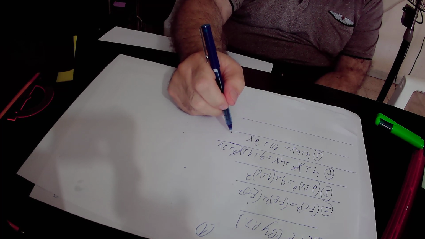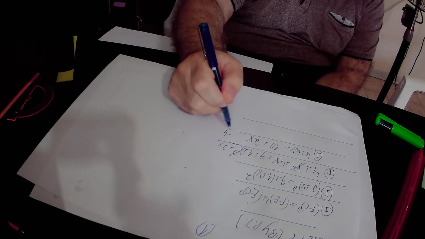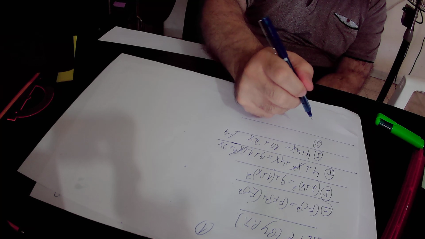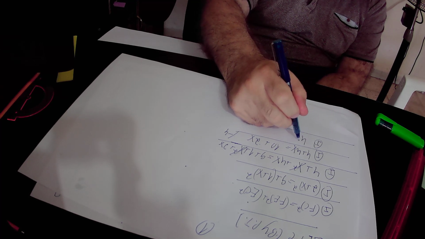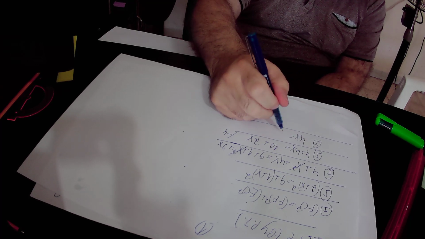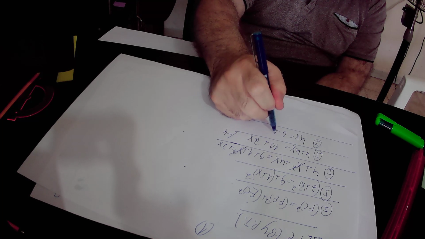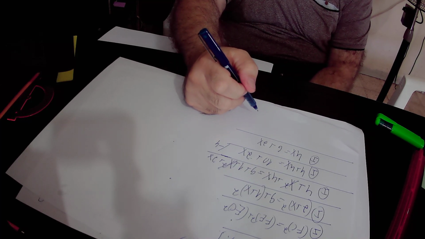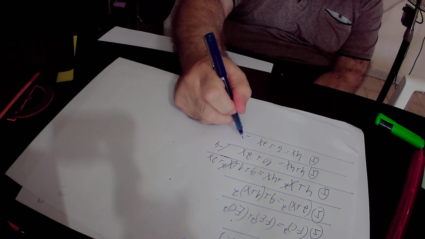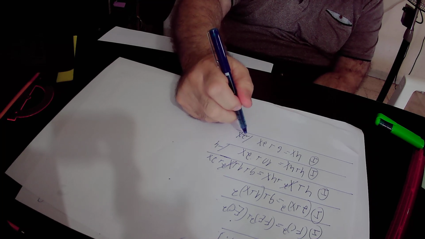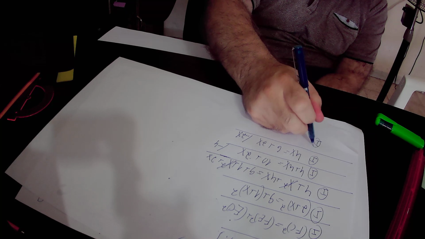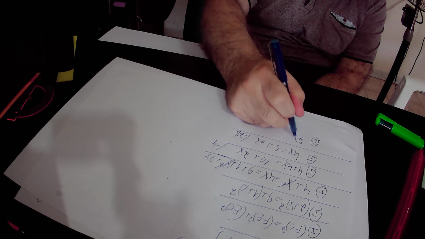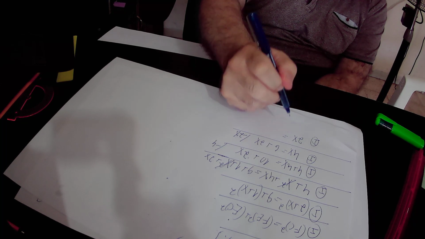Here we subtract 4 from this equation, and we get that according to equation number 1, 4x equals 10 minus 4, which is 6, plus 2x. So here we subtract 2x from this equation, and we get that 4x minus 2x is 2x, that is equal to 6.